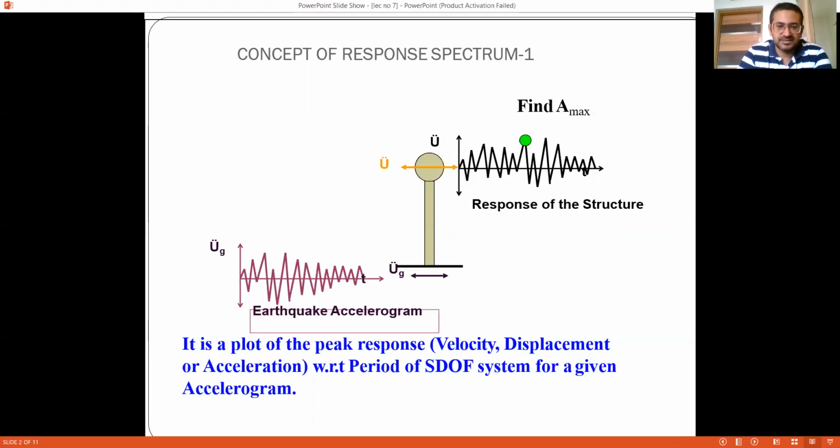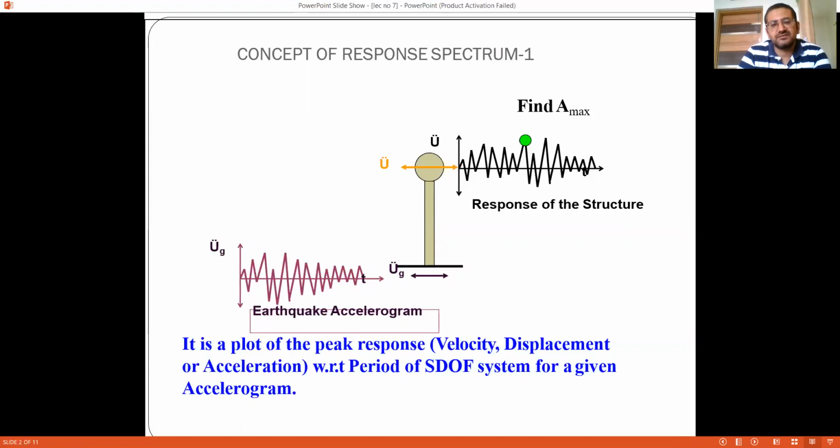Once that is happening, the structure above undergoes displacement, and based on the degree of freedom and the concentration of mass at the floor level, the maximum displacement and maximum amplitude are calculated. So when you talk about the response spectrum method, it is basically a plot of peak response.